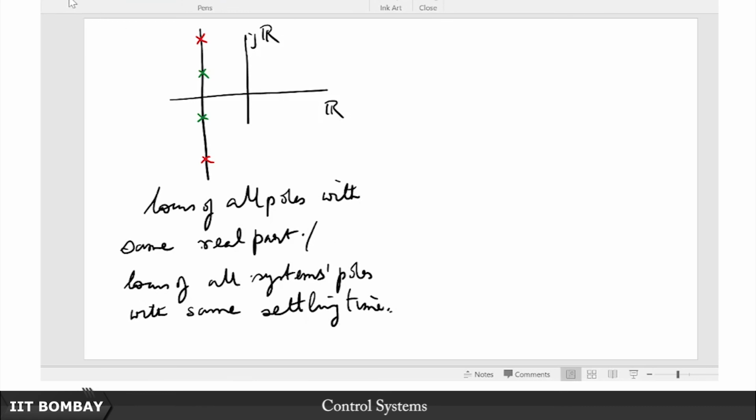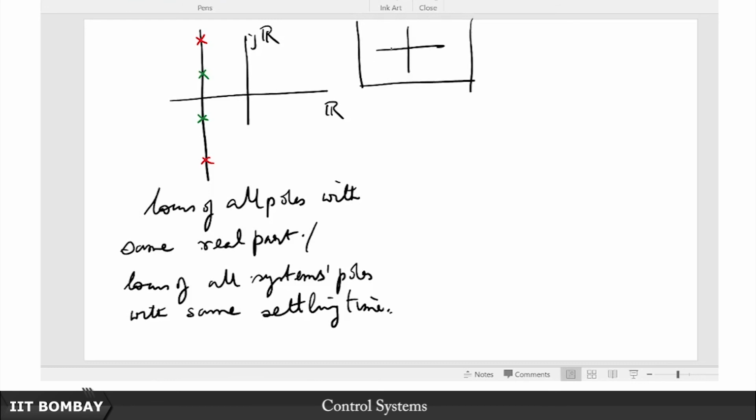So notice again a point, if you have a critically damped or an overdamped system, then of course you will have only real poles. So this is just as an aside, let me make a small box here. So suppose you have a pair of poles like this for an overdamped system, then how do you determine the settling time? Okay, it turns out that, just like we say a chain is as strong as its weakest link, so also a system is as fast as its slowest mode.